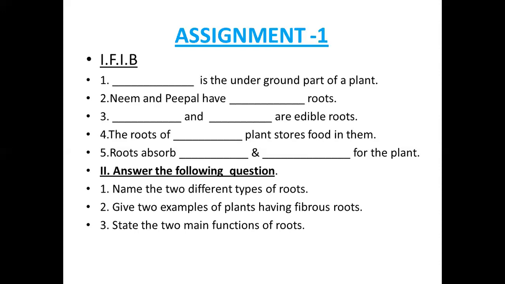So what are these roots? We should write. The roots of dash plant store food in them. The examples for these plants we should write down. And roots absorb dash and dash for the plant. What they absorb for the plant and circulate to the plant.